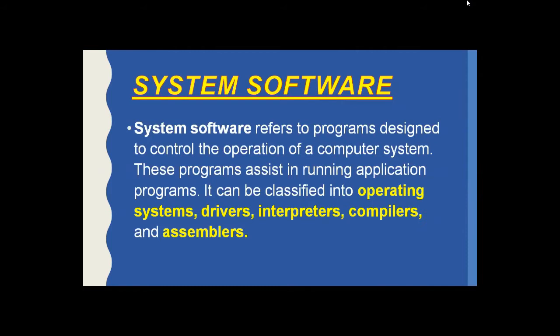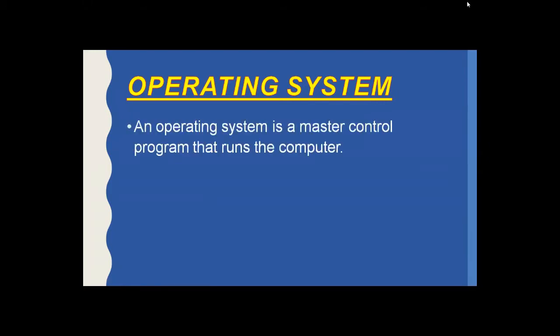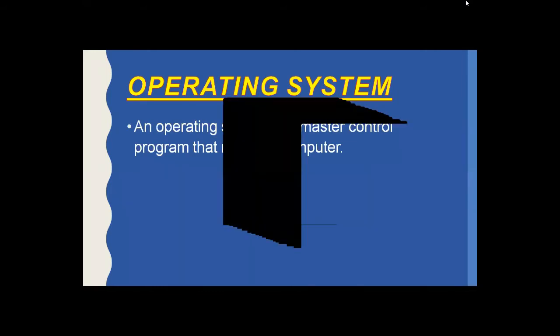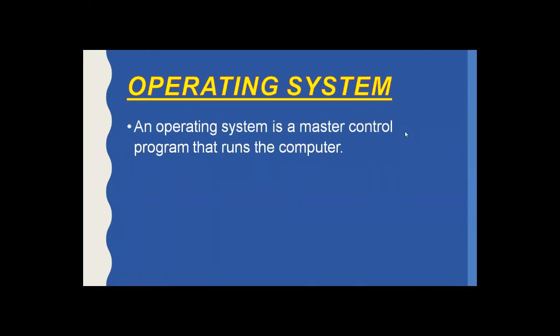So the first system software is operating system. An operating system is a master control program that runs a computer.